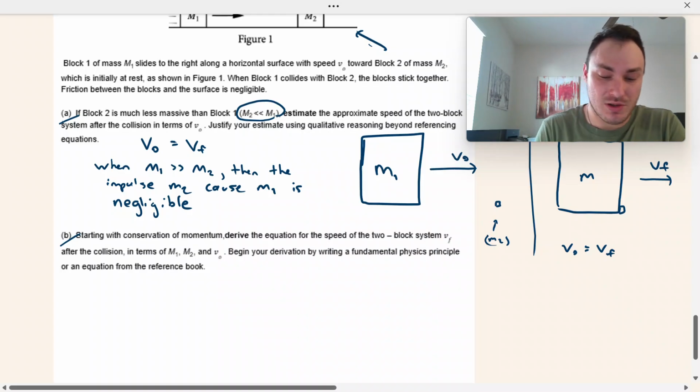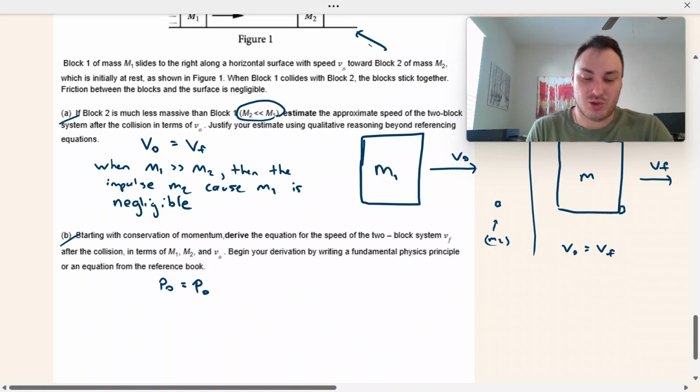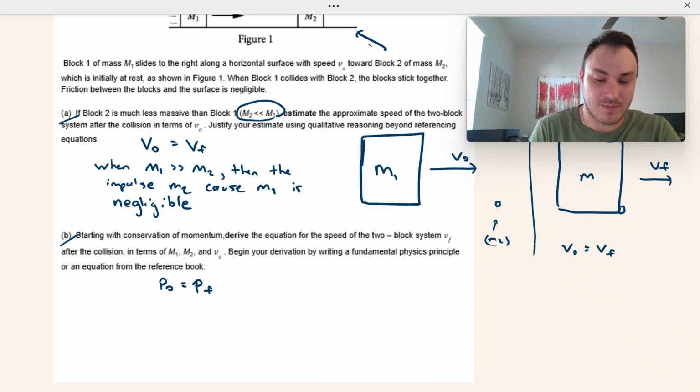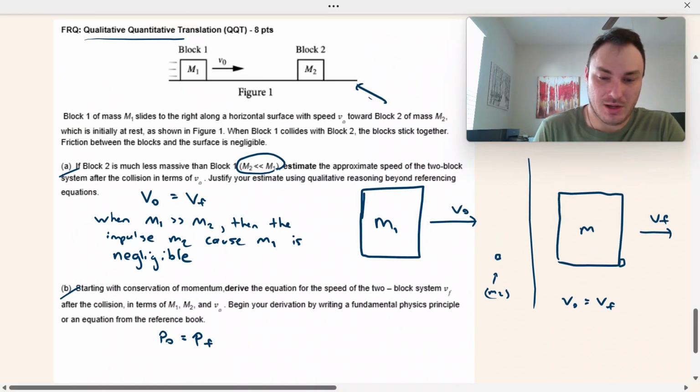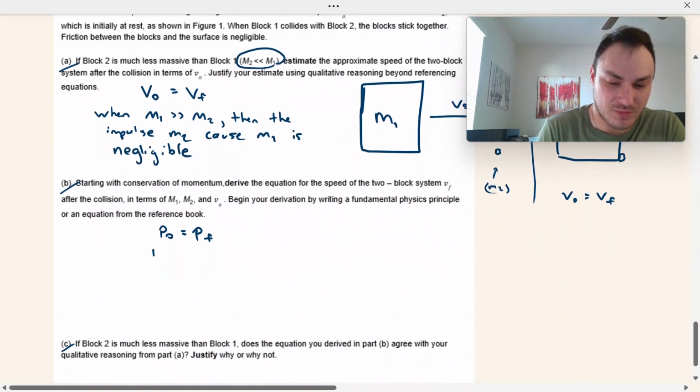So we're going to use conservation of momentum here. Initial momentum equals final momentum. That's the equation we're going to start with. Initially we have m1 moving with the speed of v naught, so initial momentum is going to be m1 v naught.